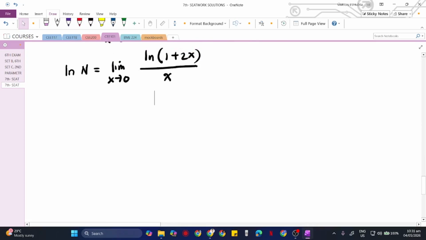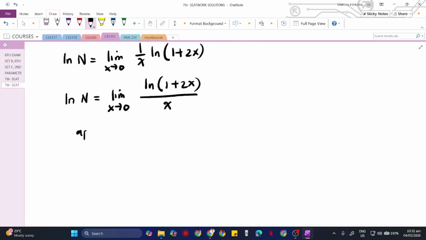Okay, applying L'Hopital's rule, so we have here ln of n. Ano yung derivative ng numerator natin? Anong derivative ng ln of 1 plus 2x?